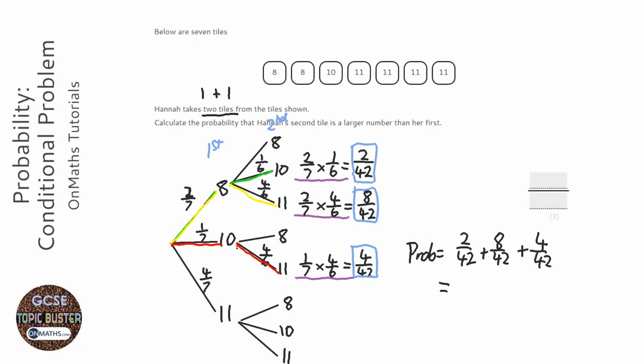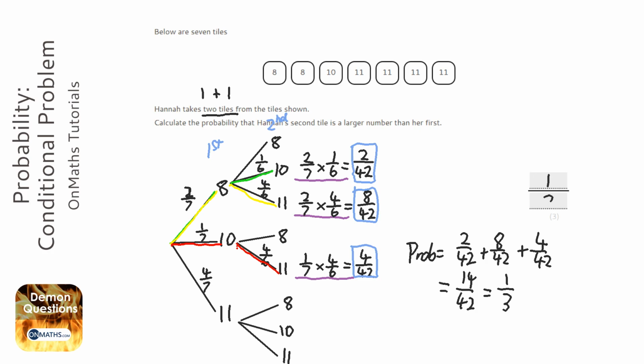So 2 plus 8 is 10, plus 4 is 14, so it'd be 14 over 42. And if you cancel that down, 14 over 42, you can halve top and bottom, and then I think you can divide them by 7, so you get 1/3. So the answer is 1/3 chance.